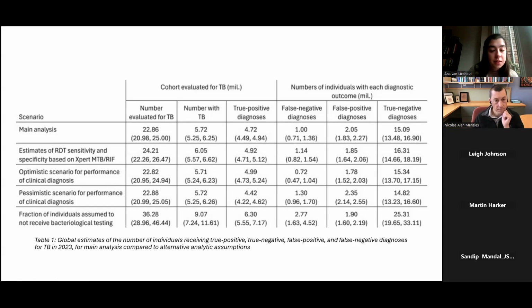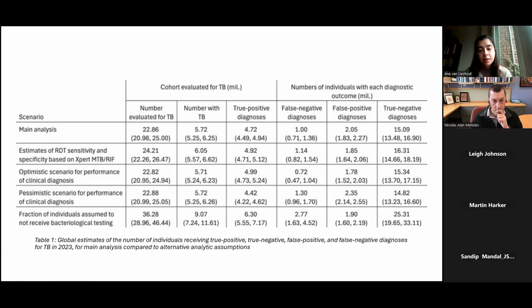And in the same way, if we consider a more optimistic scenario of the ROC curve for clinical diagnosis, we see that the false negative diagnoses do decrease to 0.72 million, and there's also a decrease in false positive diagnoses, but it's still quite high at 1.78 million.